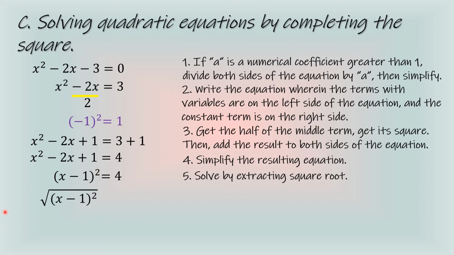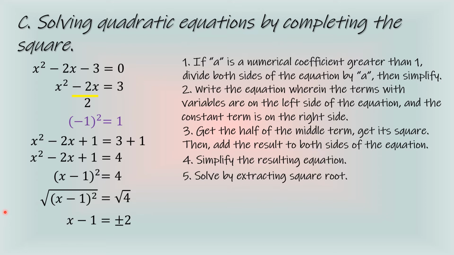Let us get the square root of x minus 1 quantity squared and the square root of 4. Again, kapag kukuha tayo ng square root ng x minus 1 squared, i-cancel lang natin yung square root symbol at yung exponent na 2. And then, sa square root of 4 naman, simply kukunin natin yung square root ng 4. So, this will now become x minus 1 is equal to positive or negative 2.